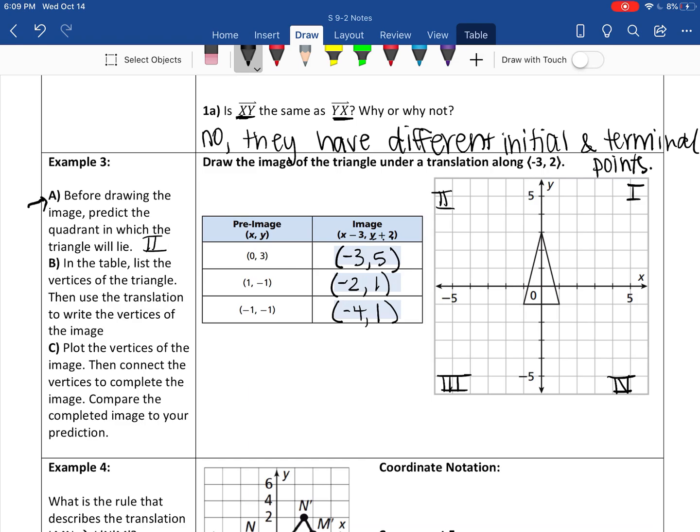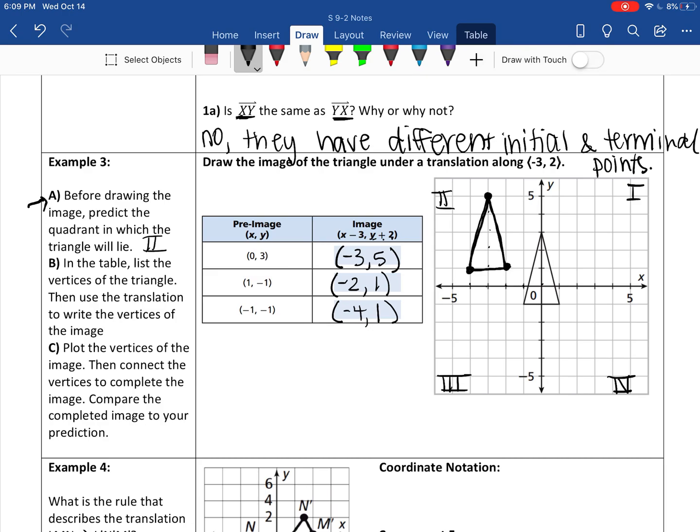So now I'm going to go ahead and plot all those points. So I'm going to go left 1, 2, 3, up 1, 2, 3, 4, 5. So there's 1 point. Then I'm going to go left 1, 2, up 1, and negative 4, positive 1. So when you connect your dots, this is going to be your new triangle.